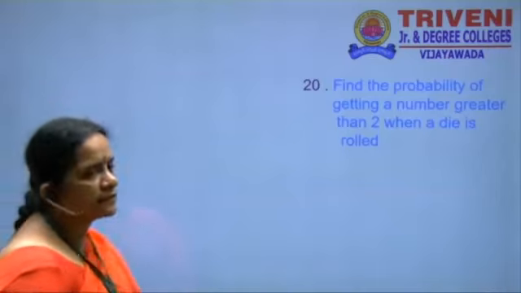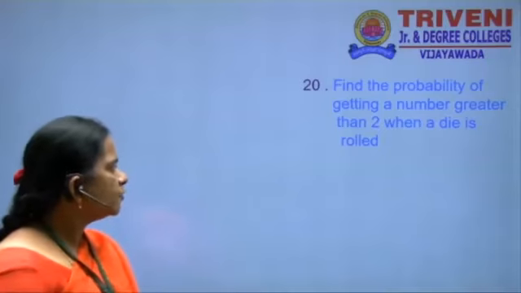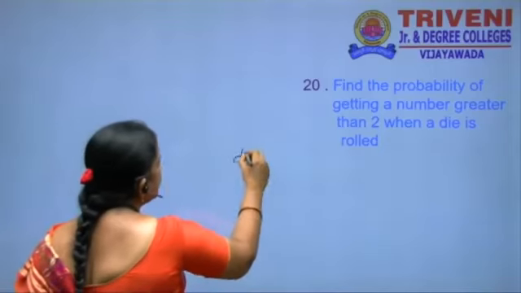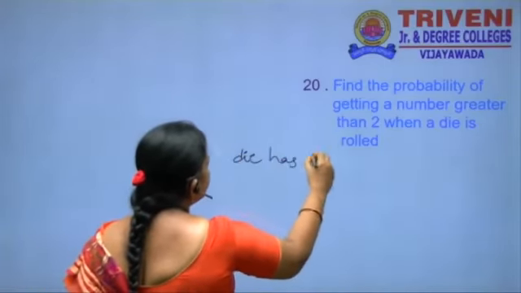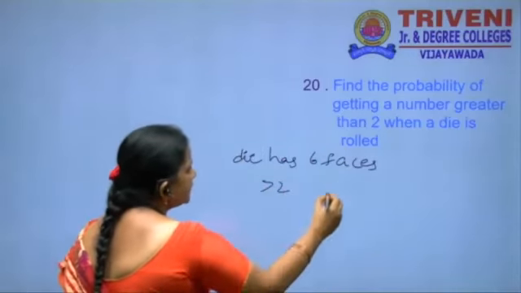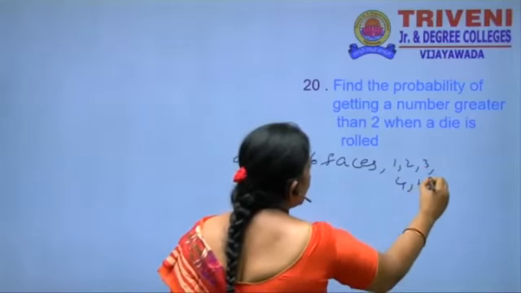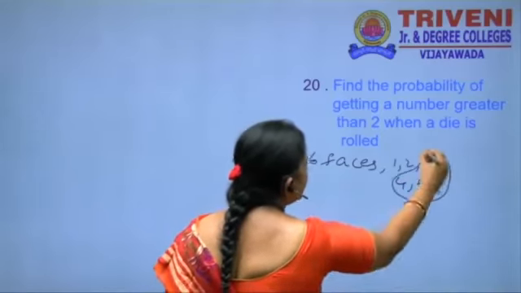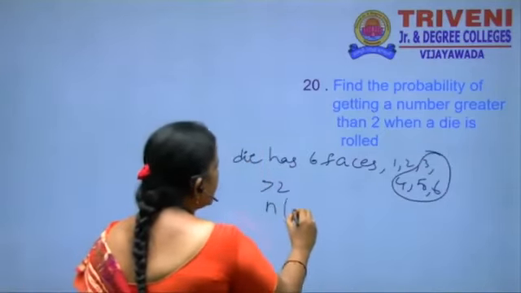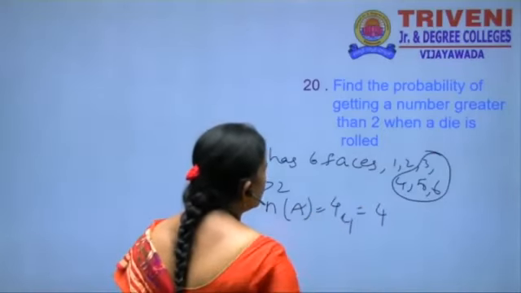And the next one is find the probability of getting a number greater than 2 when a dice is rolled. Suppose a die has how many faces? Die has 6 faces. It is greater than 2. What are the faces here? 1, 2, 3, 4, 5, 6. What is greater than 2 here? 3, 4, 5, 6. And then n of A is equal to 4C1. That is equal to 4.